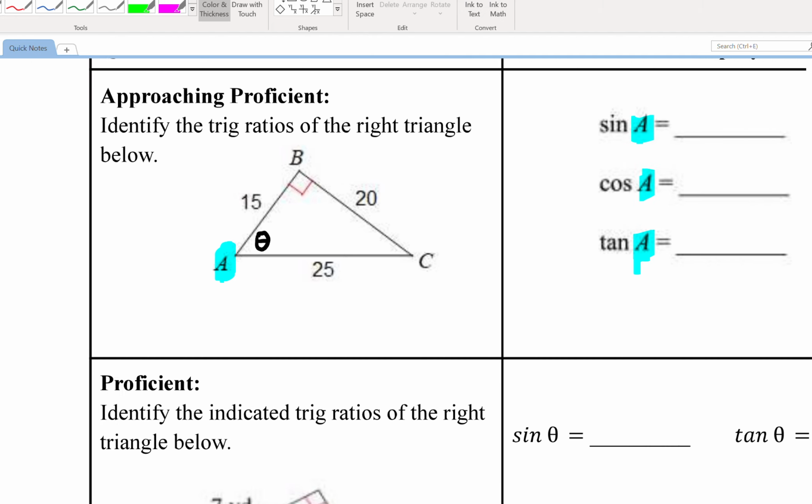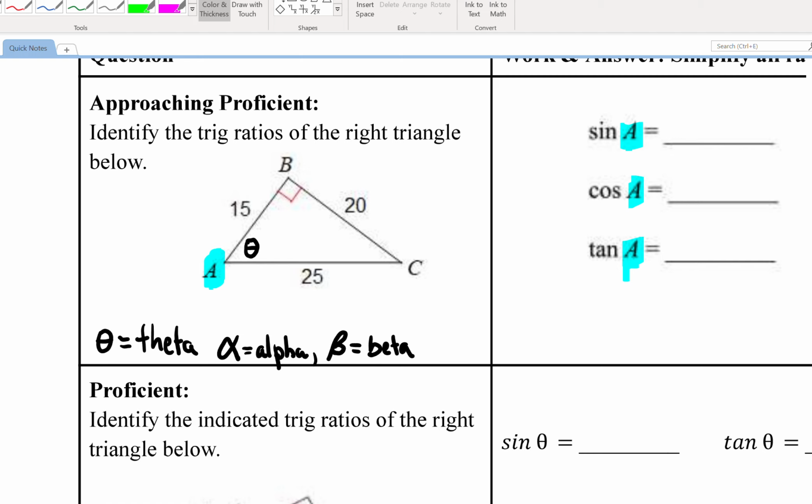This is the Greek letter theta. We use it along with alpha and beta as variables to show angle measures.